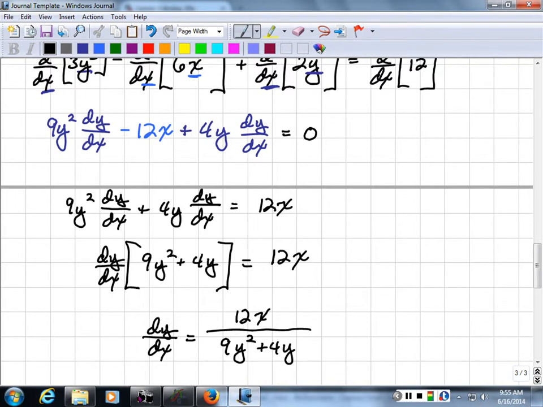And I'm going to have some dy over dx's in there, which means that once I do that, I've got to replace it with this dy dx. We'll get to that tomorrow because I don't have enough time to go ahead and do the second derivative of this function, which we will do.